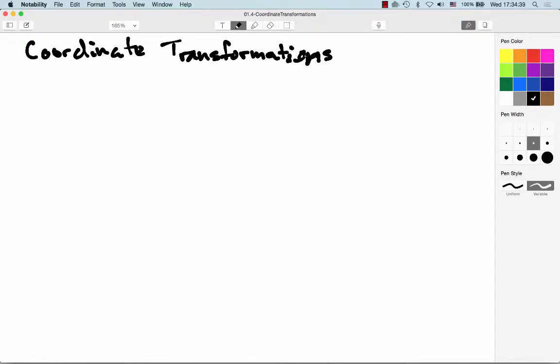So often we'll transform to a coordinate system that's more convenient to do the calculations in, and then transform back out. Okay, so let's think about how this is going to work in general.